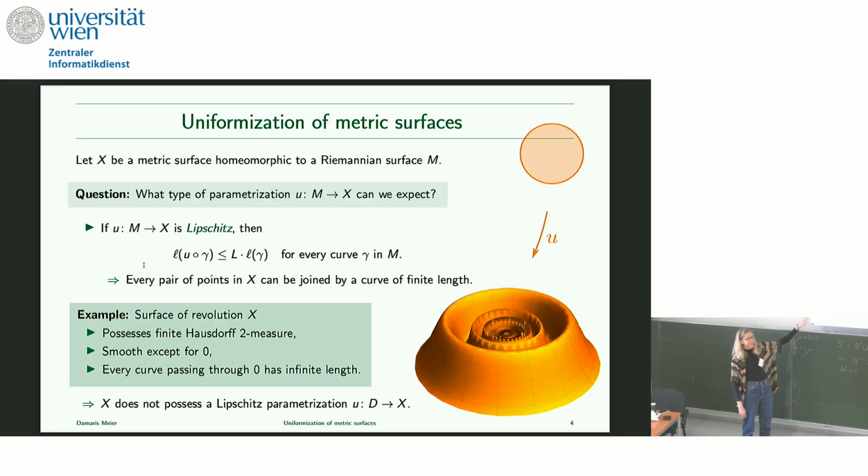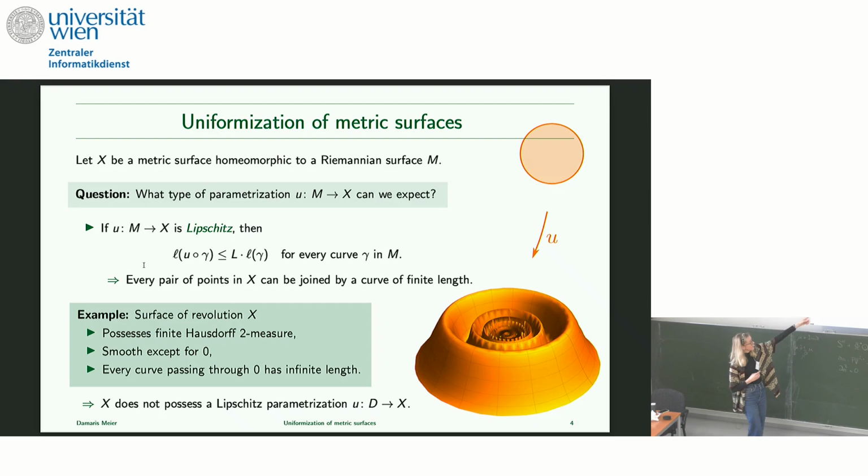So it possesses finite Hausdorff-2 measure. If you don't know what Hausdorff-2 measure is, for open subsets of Euclidean space, it's just the Lebesgue measure. Okay, it's the same. And it somehow gives us a notion of area on these surfaces.